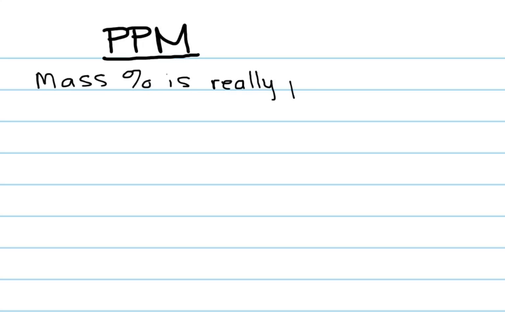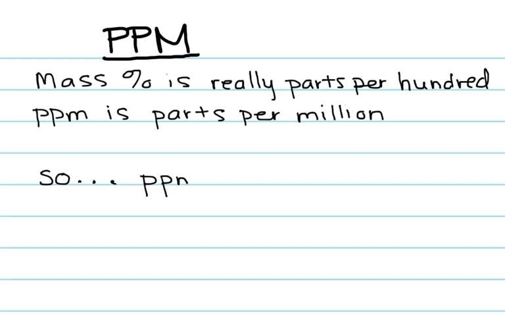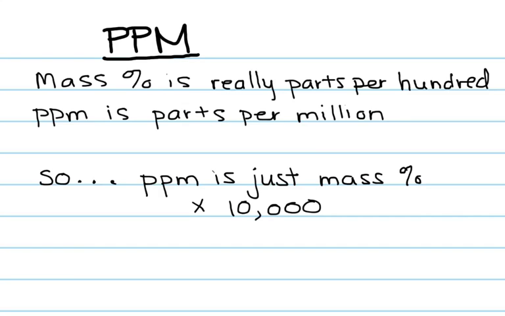So that's it for mass percent. The last one we're going to go through is ppm. ppm's pretty easy. Mass percent is really just parts per hundred, and then ppm is parts per million. So to get to ppm, it's just the mass percent times 10,000.